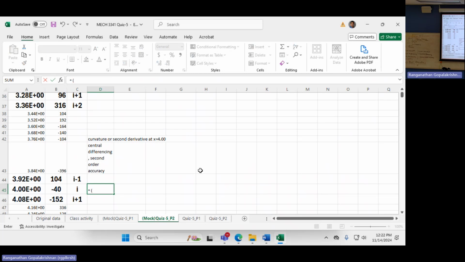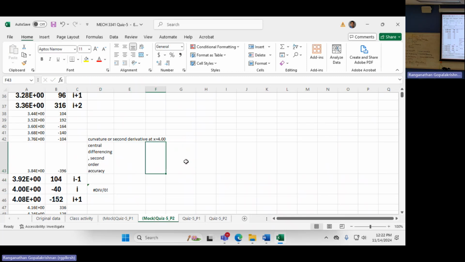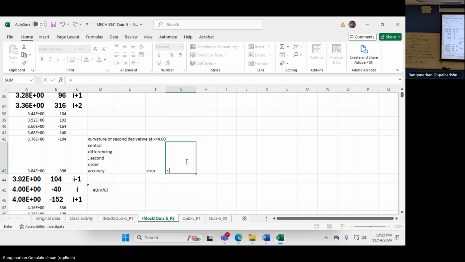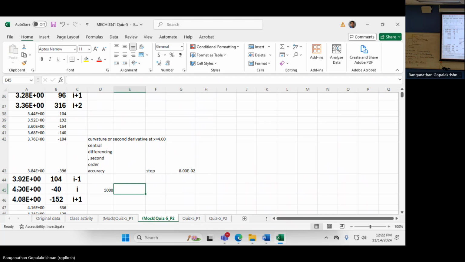So I'll write this is equal to f i plus 1 minus 2 times f i plus f i minus 1 divided by my step, which I'll put here, squared. And my step is any value minus the previous. So here is my curvature, which is 5,000 units.